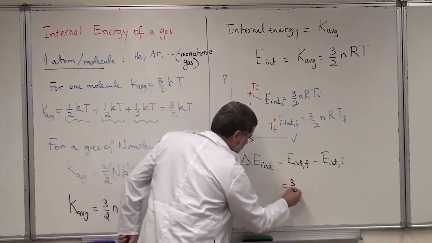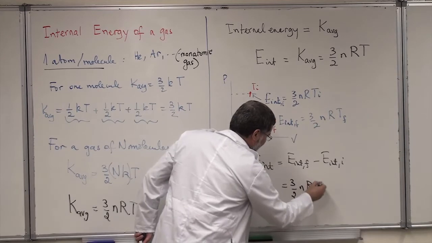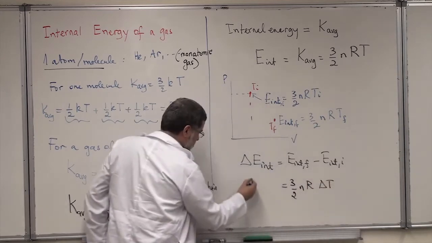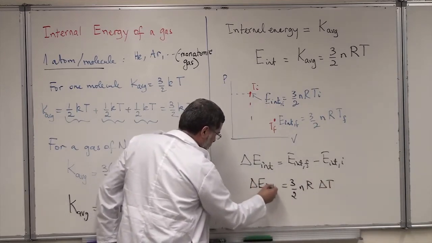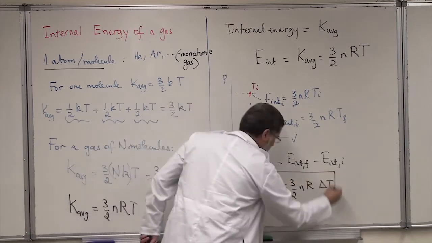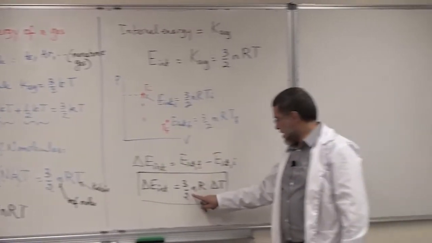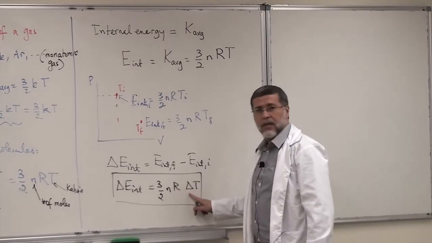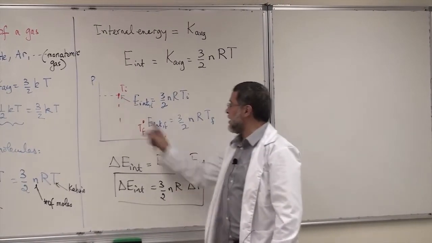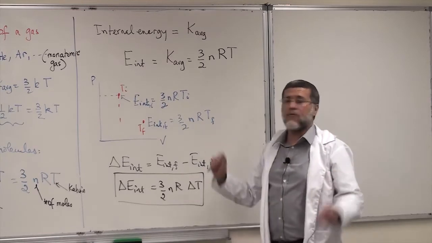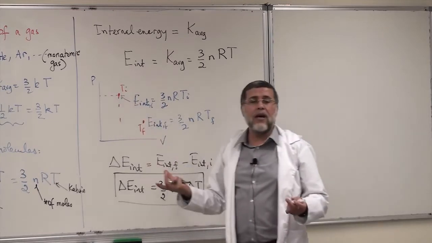You get 3/2 nR delta T. That's the change in internal energy of the gas. This is a very important result. n is the number of moles, R is the ideal gas constant, and delta T is the change in temperature between the two states. So a gas can have internal energy, and that internal energy, what is it?